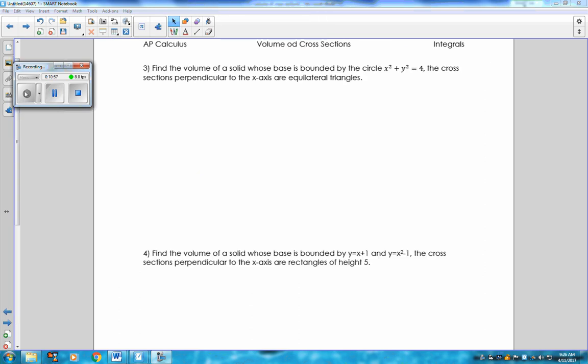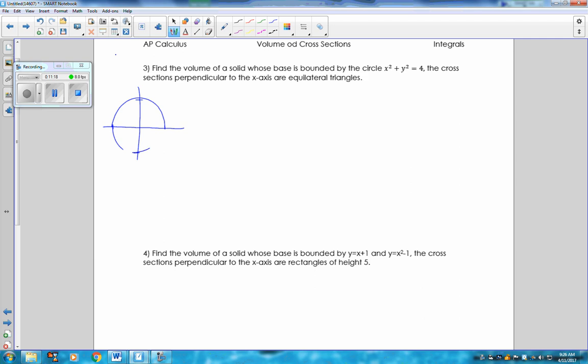All right, does anyone need more time to sketch and set up? Okay, I'm going to go ahead and sketch and set up, and then you go ahead and finish. All right. So another same circle, and equilateral triangles, perpendicular to the x-axis.